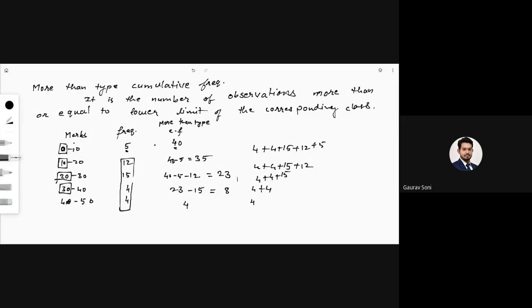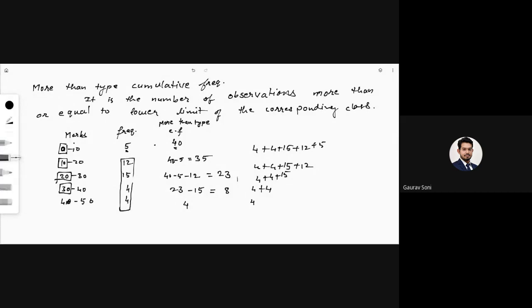Anyone else who can answer this? Let's have a discussion on this. What will the 5 mean? The number of students who scored marks between 0 and 10. Exactly.